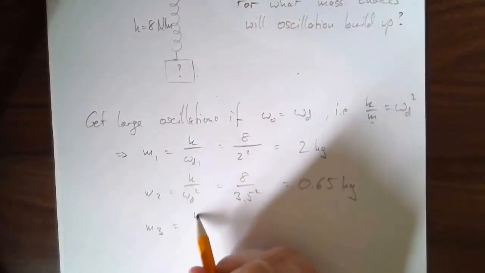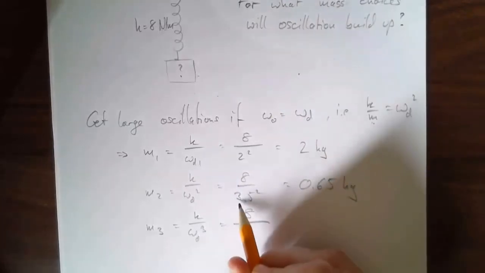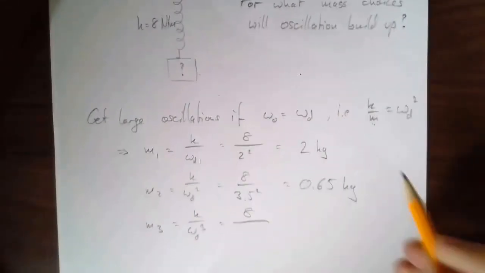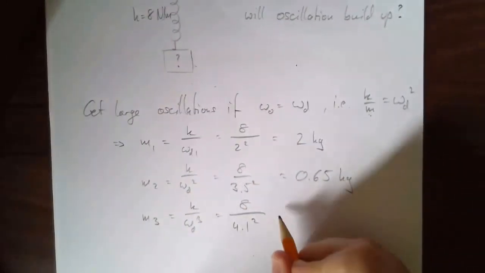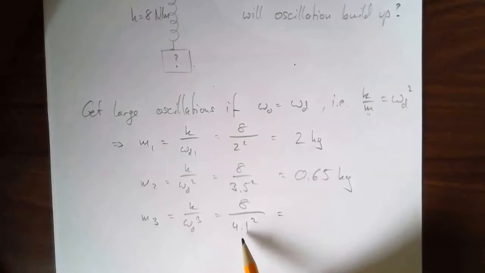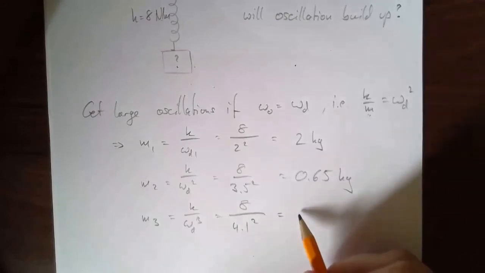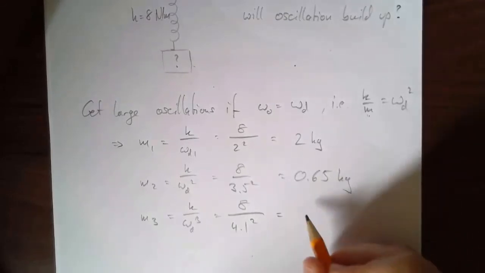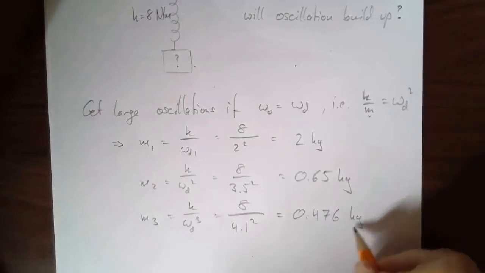m3 equals k over omega d3 squared. Okay, that's 8 over, what did I say, 4.1 squared. These were just randomly chosen numbers, right? So 4.1 squared is 16.81. That comes to 0.476 kilograms.